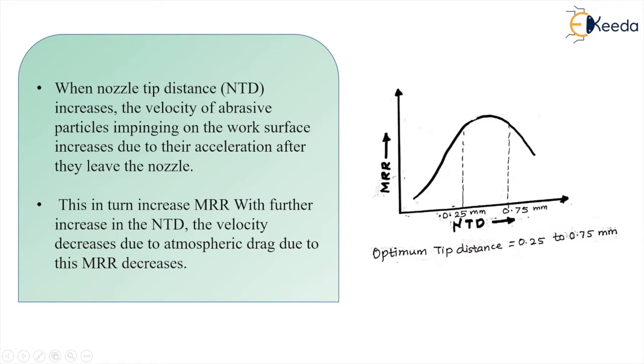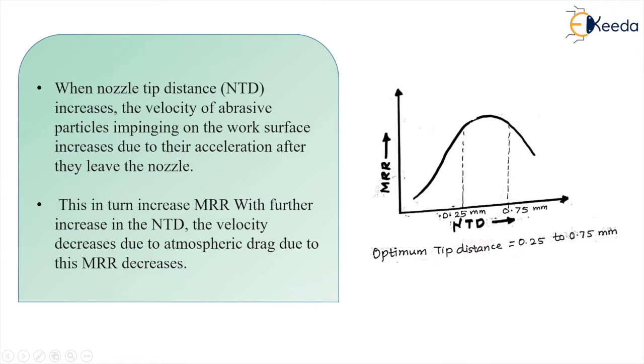Why? When you keep increasing the nozzle tip distance, after a certain point atmospheric drag acts on the jet of abrasive, and because of that the MRR goes on decreasing.